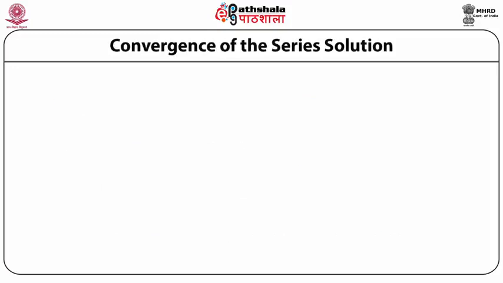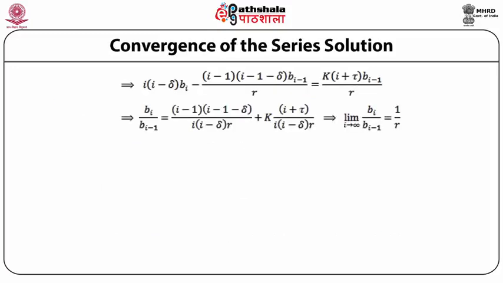It follows that Bi satisfy the recurrence relation i(i − δ)Bi − (i − 1)(i − 1 − δ)B_{i−1}/r = K (γ + i + δ)B_{i−1}/r.